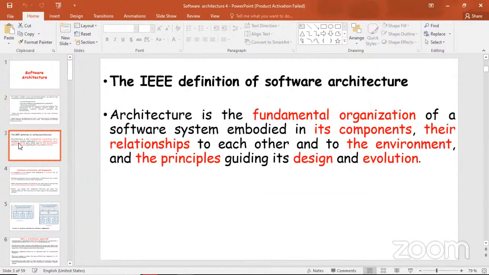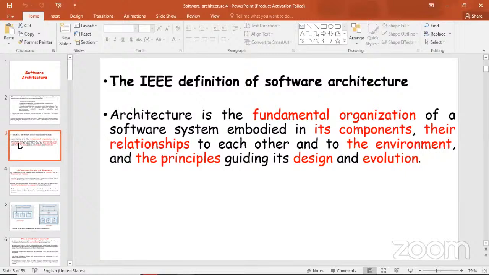However, the IEEE organization defined software architecture as the fundamental organization of a software system embodied in its components, their relationship to each other and to the environment, and the principles guiding its design and evolution.